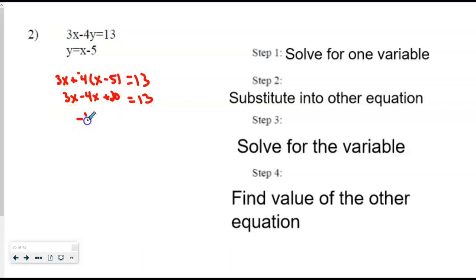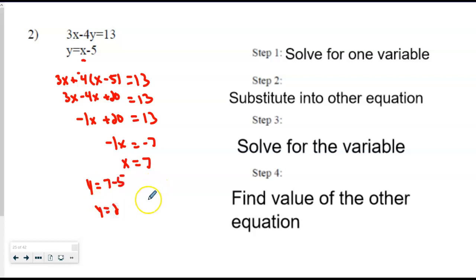Alright, so I got negative 1x plus 20. So you got negative 1x equals negative 7. So x is positive 7. And then we'll just plug 7 in place of x in that second equation to see what y is.